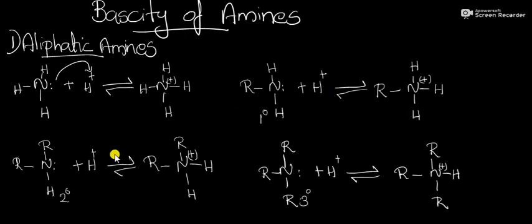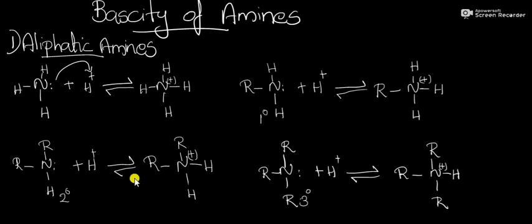And this is our secondary amine. When this secondary amine is protonated, it will convert into R2NH2+. And this is our tertiary amine. When it is protonated, it will convert into R3NH+.